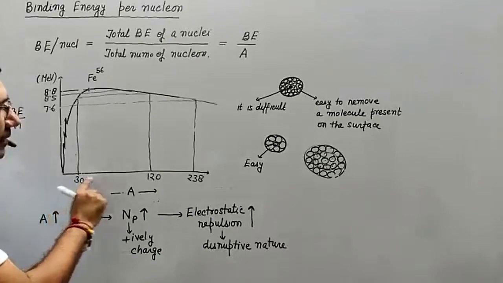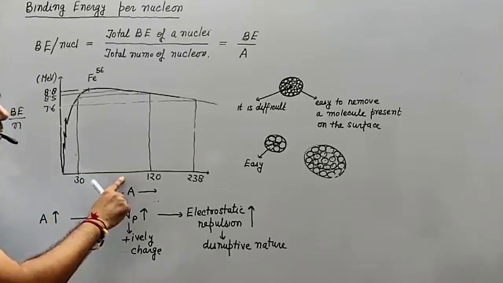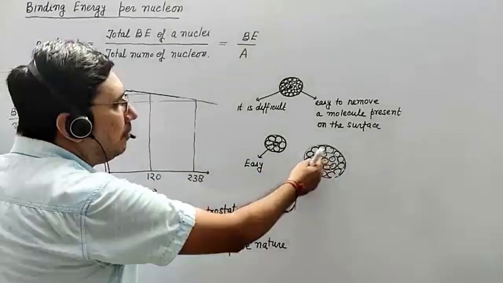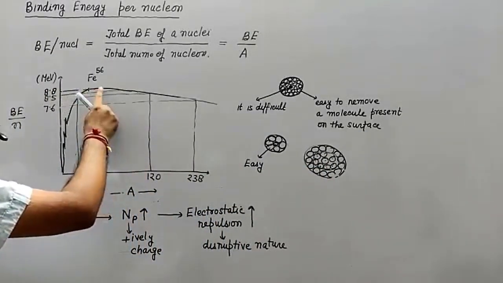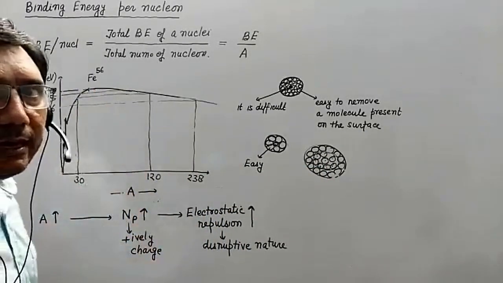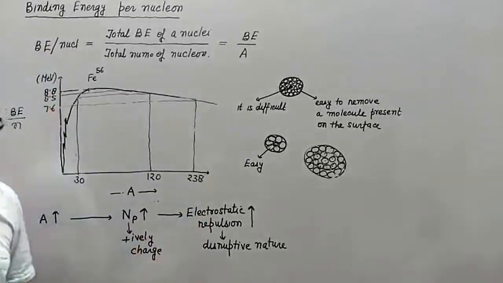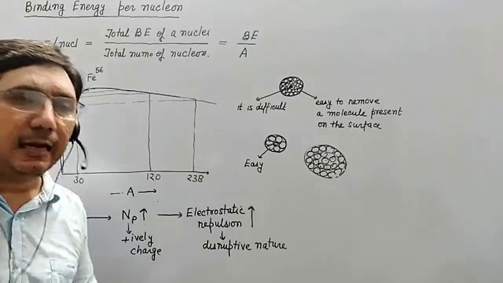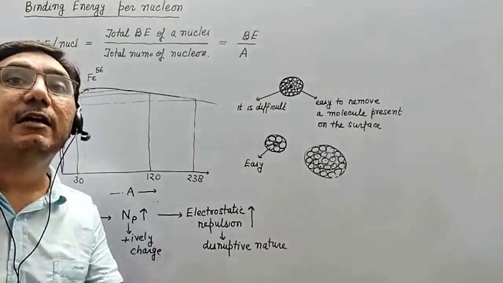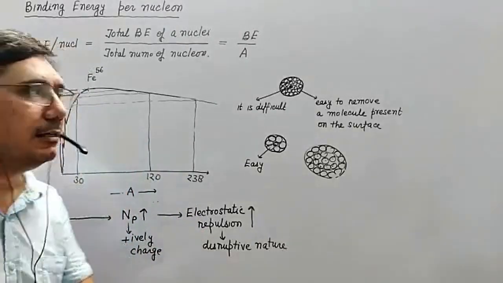So as we are increasing the A value, more and more nucleons will be well inside, so binding energy per nucleon is increasing. But at the same time, this repulsive force is also increasing. And this repulsive force is responsible for the disruptive nature, which will result in the reduction of binding energy.